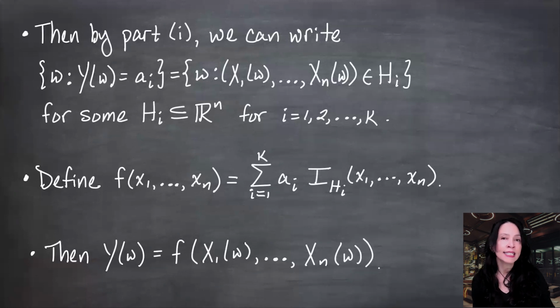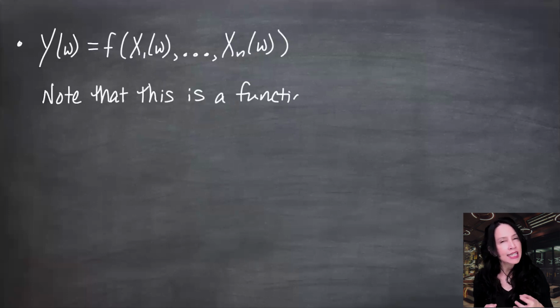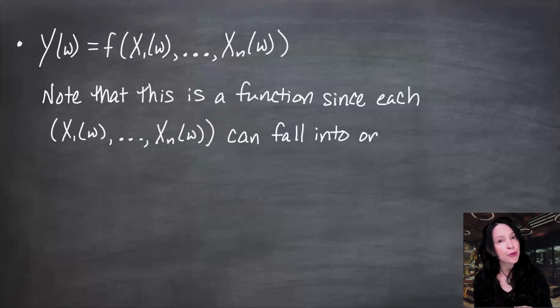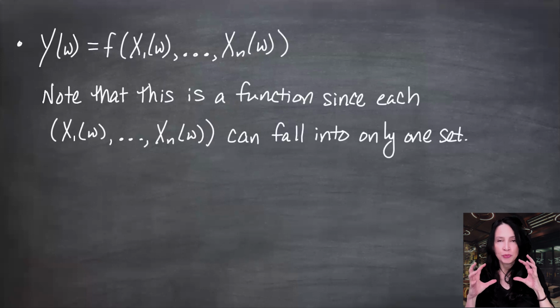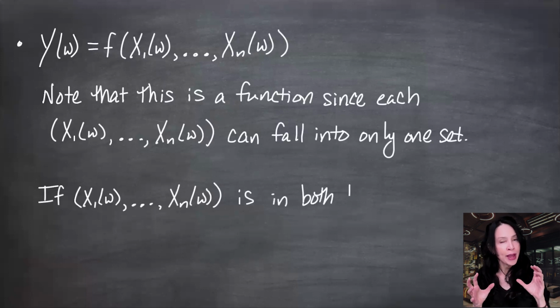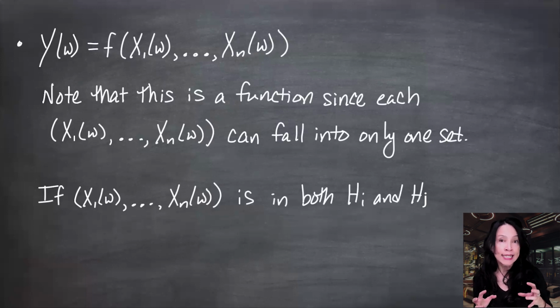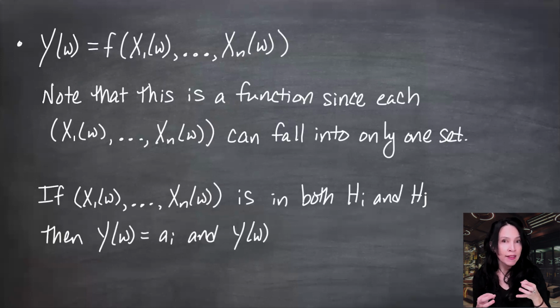Note that this is actually a function, since each n-dimensional random point x1 of omega through xn of omega can fall into only one of the hi sets. Because if the n-dimensional random variable X1 of omega through Xn of omega falls in, say, hi and hj, then that means that y of omega is going to equal ai, and y of omega is going to equal aj.